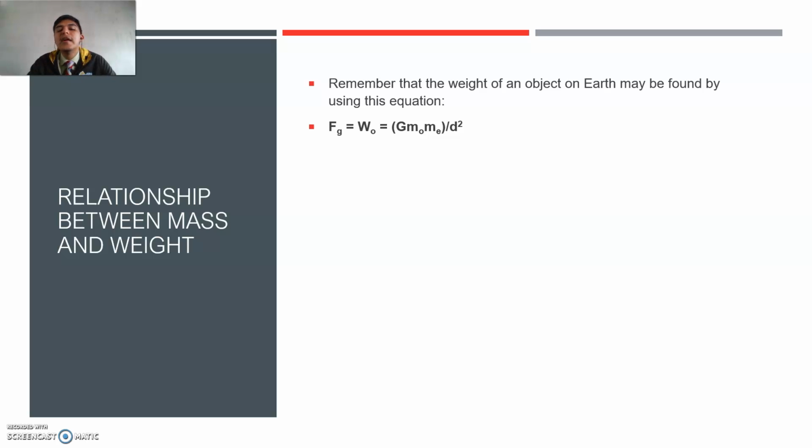We can also take into consideration the formula in which G is the constant for gravity, we have the mass of an object, as well as the mass of another object, divided by the distance squared. In this case, Fg will be the gravitational force, and Wo will be the weight of the object.